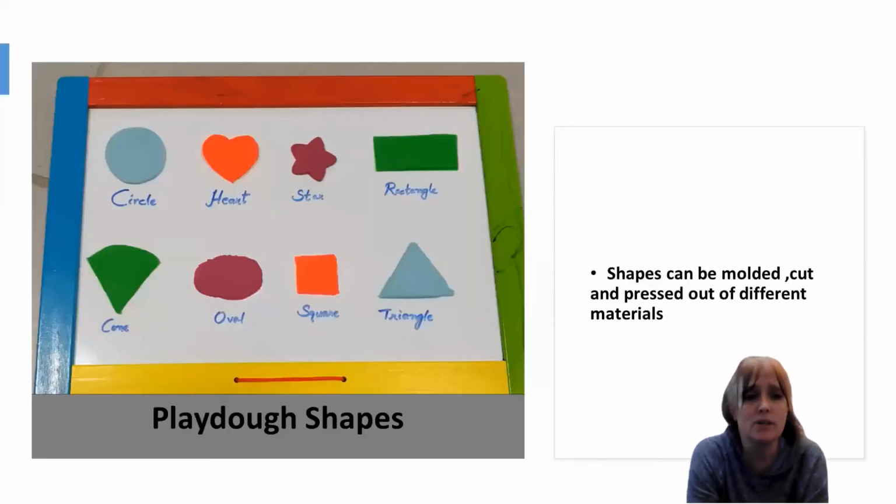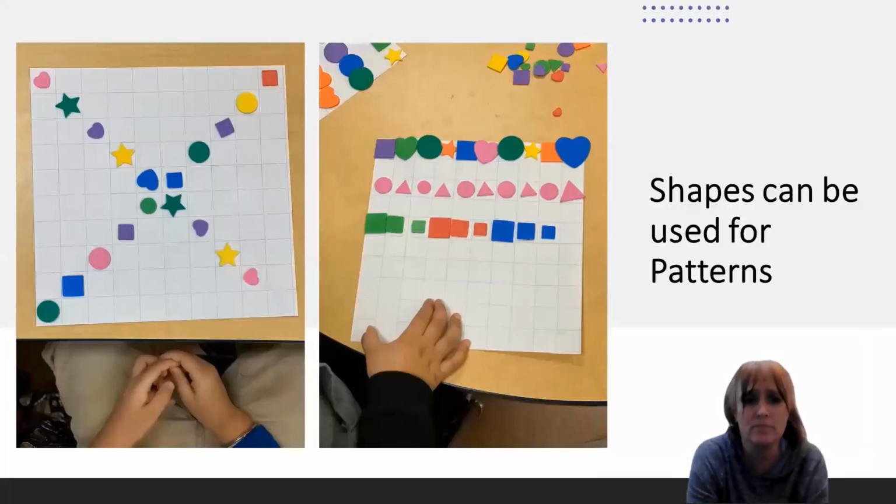Also, here's an example of Play-Doh shapes. You can make different colors of Play-Doh, have your children mold it, squish it, and shape it into the shapes. And then you could label them for them, or they could label them, or you could just talk about them. Here's another idea: the dollar store sells little containers of shapes already.